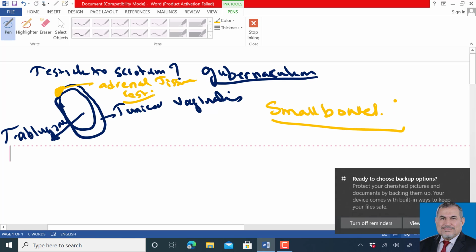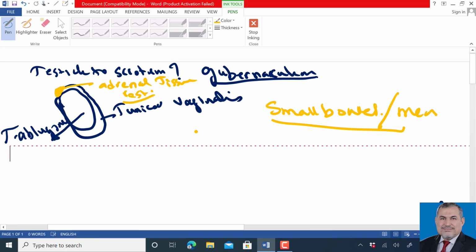While in women, the most common organ should be ovary, or fallopian tube.